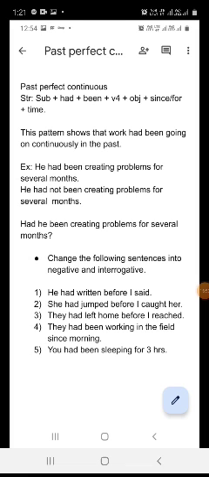You can read. Change the following sentences into negative and interrogative. Here you are not supposed to change into passive voice. Here you are supposed to change into negative and interrogative. Can you do it? Okay, well.